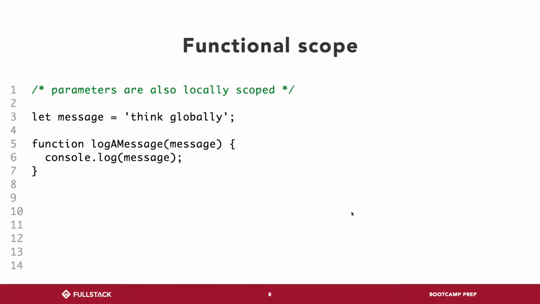So parameters are also locally scoped. So what does this mean? This means that if you add a parameter, it's almost like saying let message equals message. We don't actually have to type that out, but under the hood, it's doing the same thing.